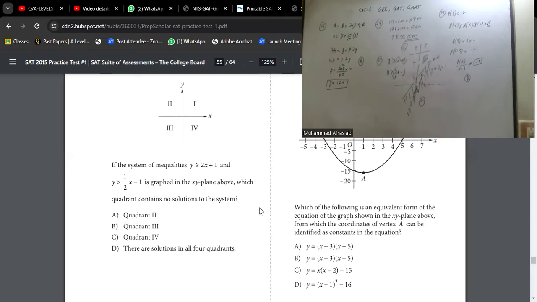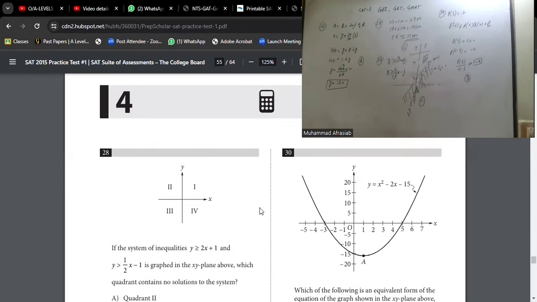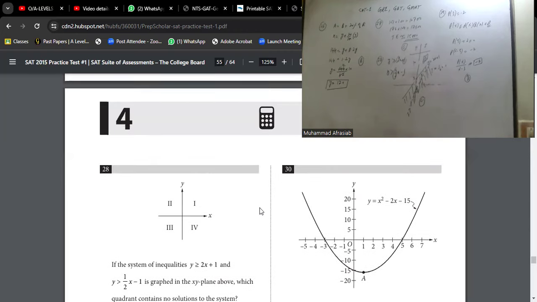So y is equal to x square minus 2x minus 15. And you have to show the vertex of this portion. Here is the vertex A they have mentioned.